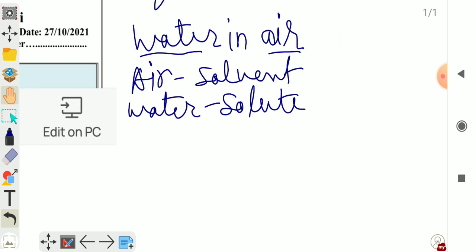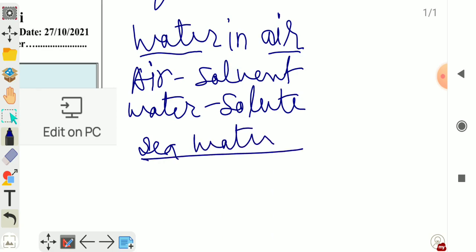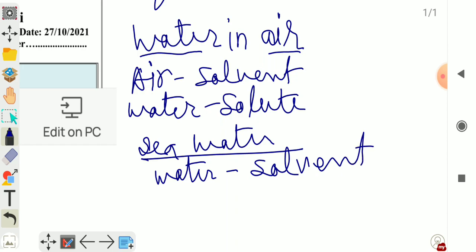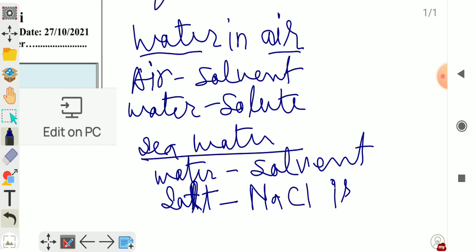In sea water, water is a solvent and salt like NaCl, sodium chloride, is solute.